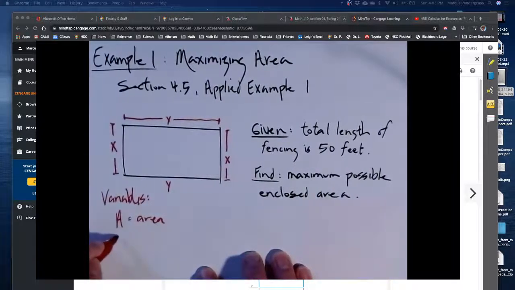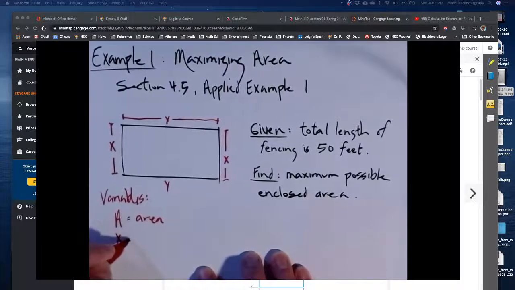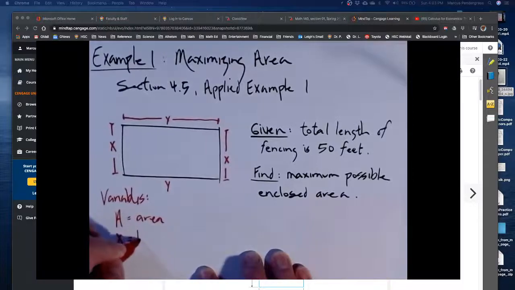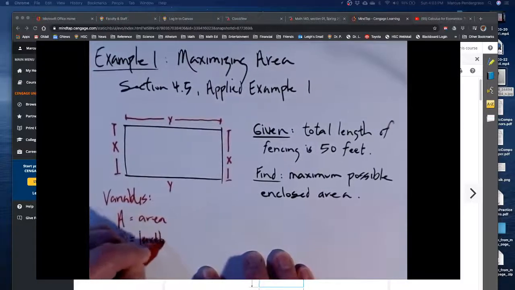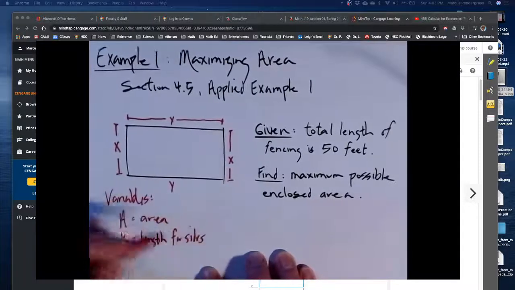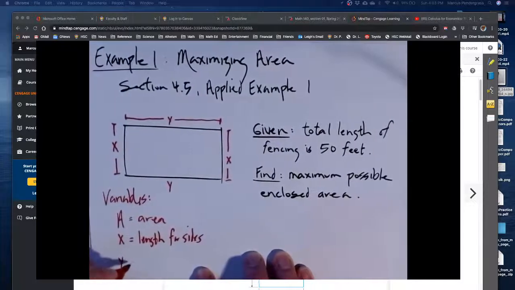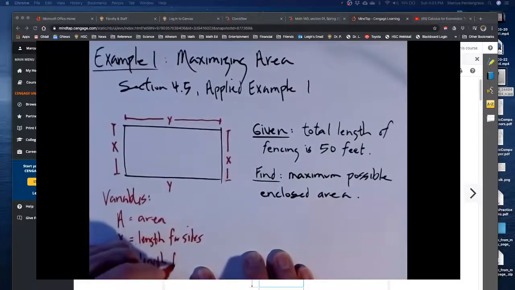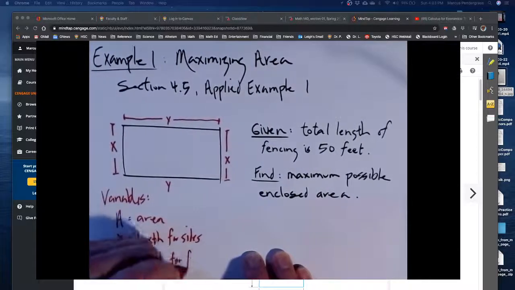So let's use those two variables. X is the length for the sides, and Y is the length for the front and the back.